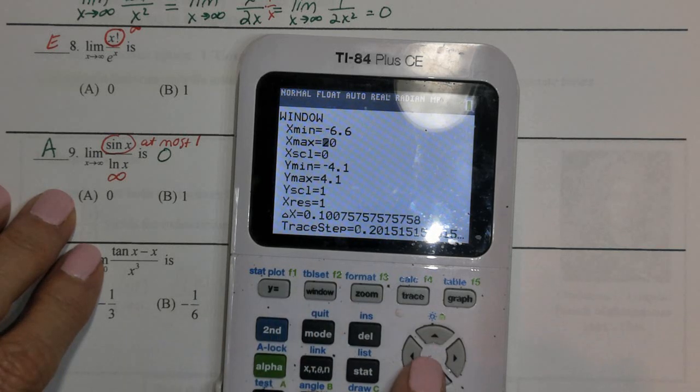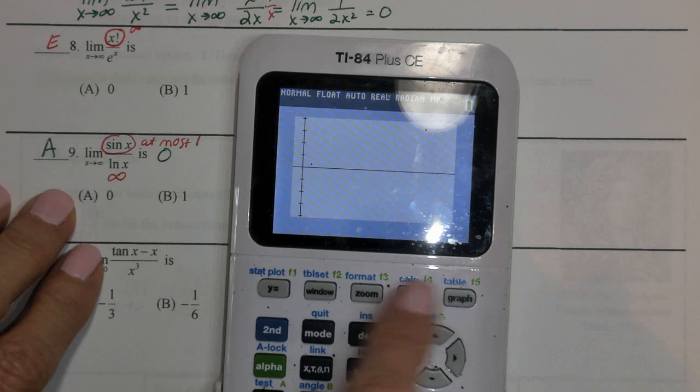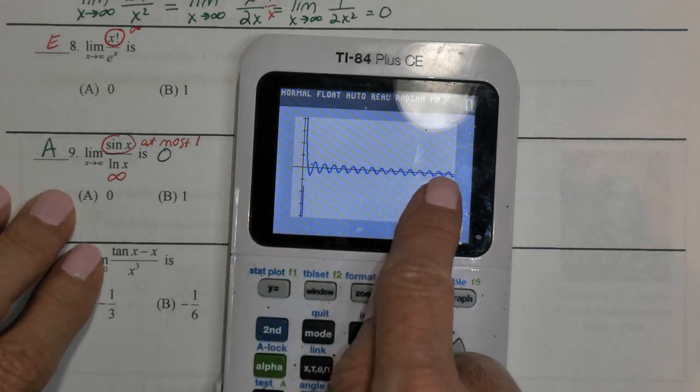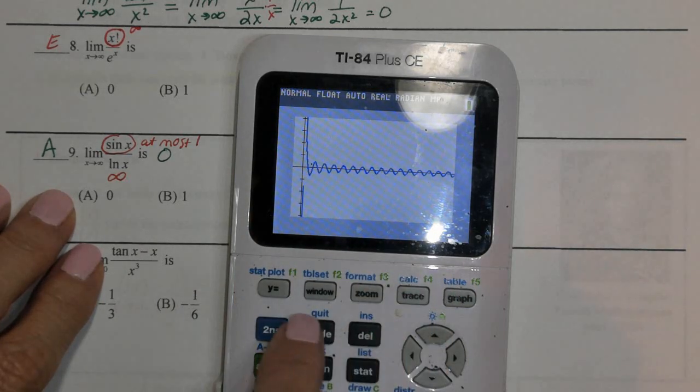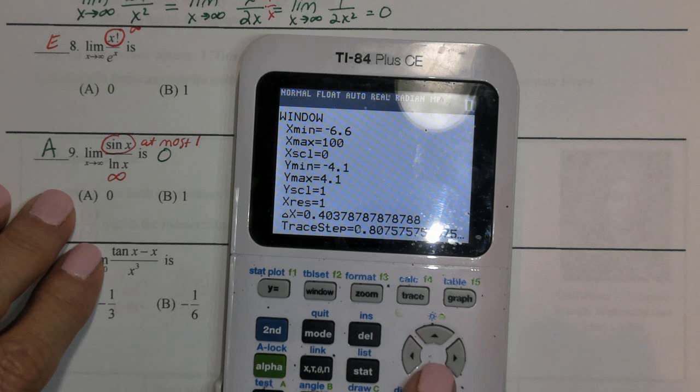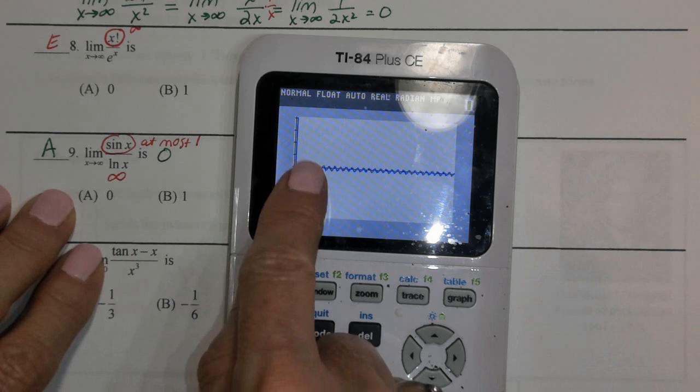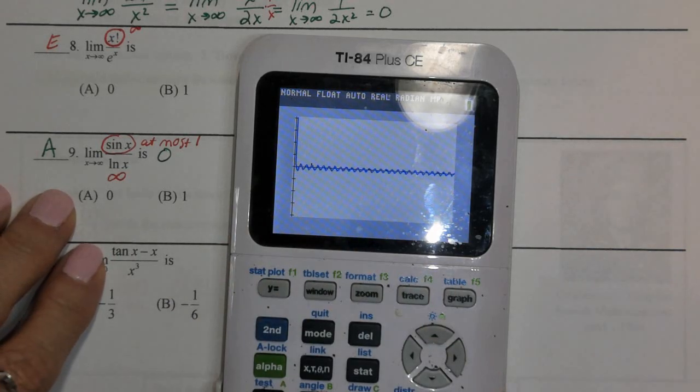Okay, let's make x go to 100. Do you see it still oscillating? But do you see it also getting closer and closer and closer to the x-axis?